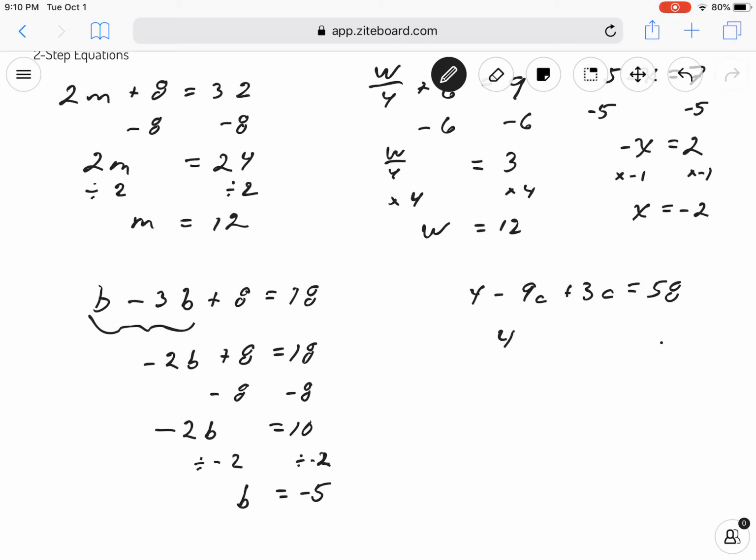So that leaves me with 4 minus 6c equals 58. Now I can subtract 4 from both sides, since that's a positive 4. So we subtract 4. We have negative 6c equals 54. And now we divide both sides by -6, since we are multiplying by that. And that leaves me with c equals -9.